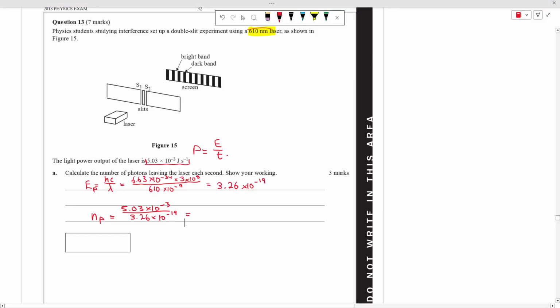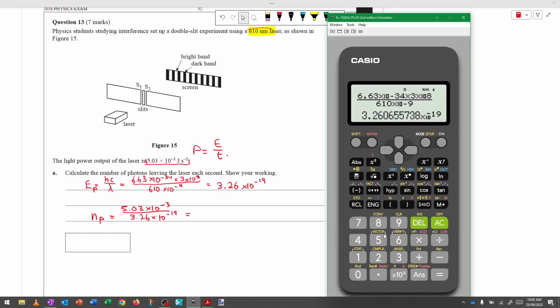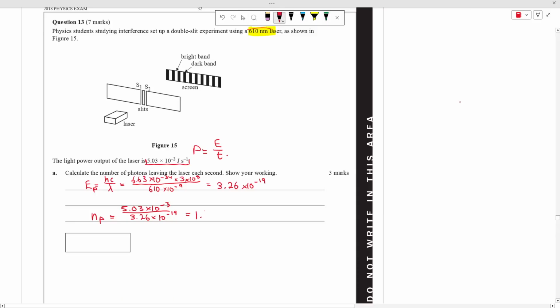And we should get a big number because photons are tiny. 5.03 times 10 to the negative 3 over 3.26 times 10 to the negative 19. Here you go, 1.5 times 10 to the 16. There we go. No units because it's a number of stuff.